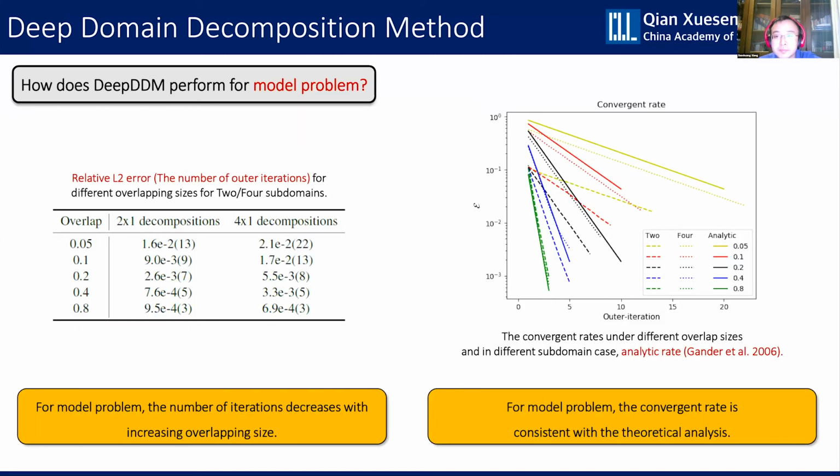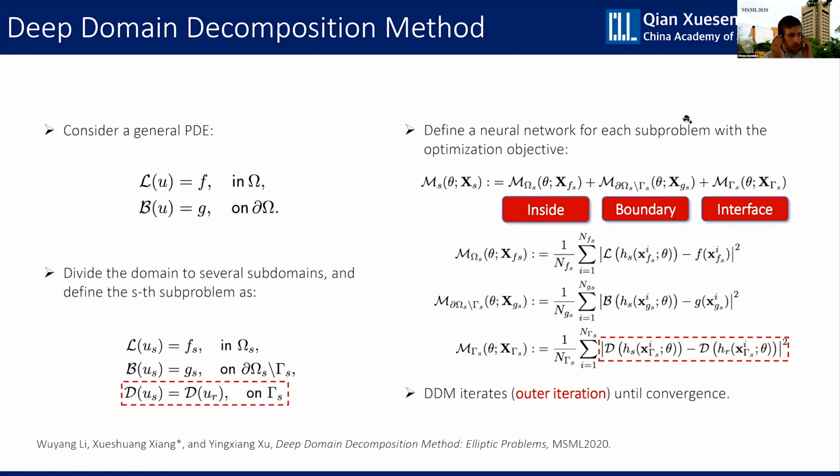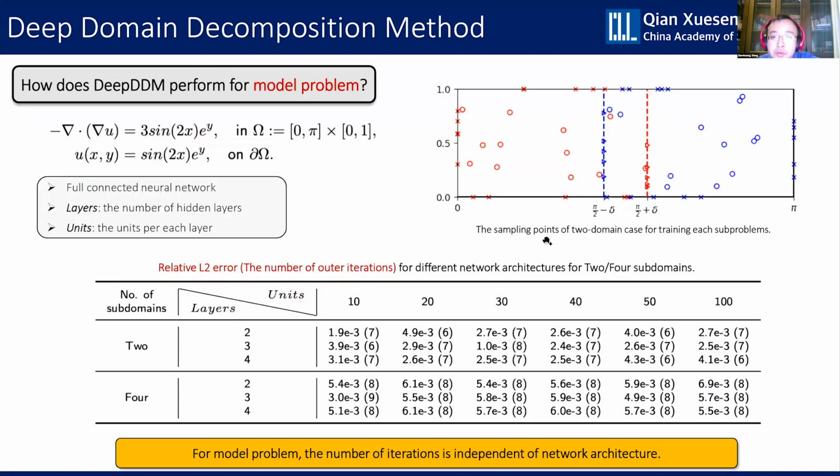This part is the inside part, and here are the points, and for the two-domain case, here we give an example. So these points are what I used for training. Thanks so much.